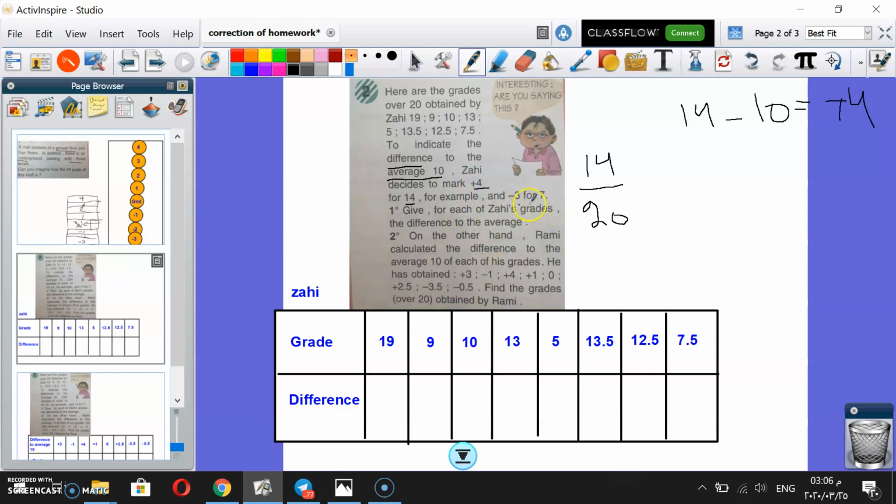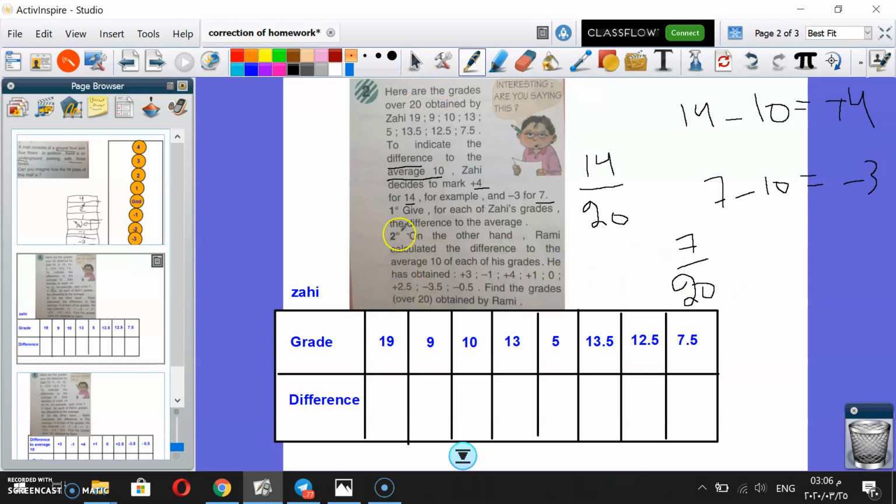And if he gets 7 over 20, he will be 3 grades below the average, so 7 minus 10 is -3, or he needs 3 grades to pass.